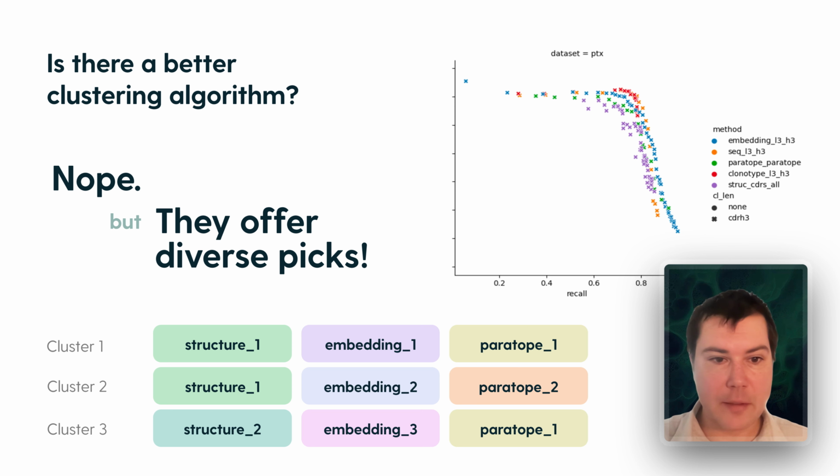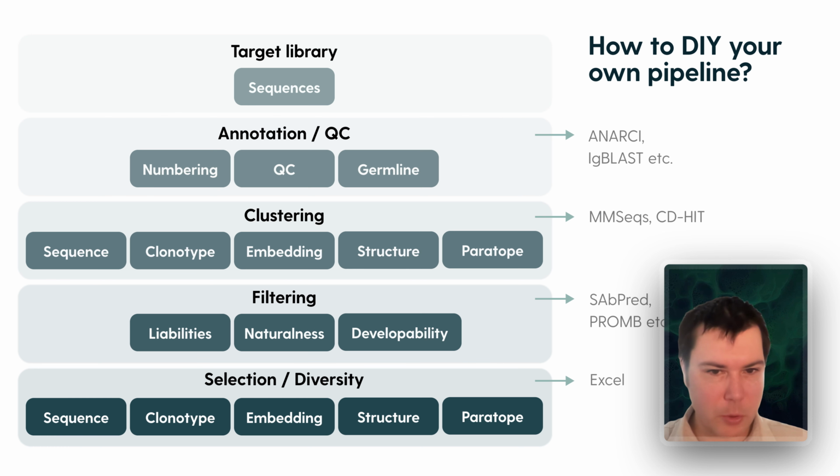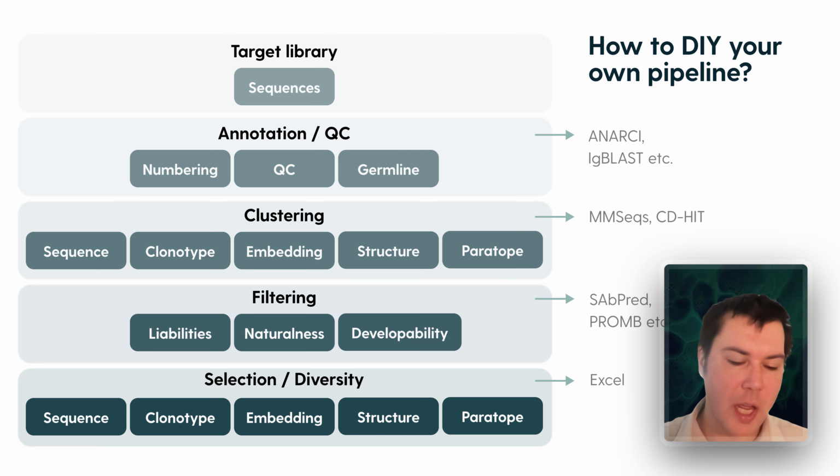From all of that, a pipeline starts to emerge. I'm going to address how you can stitch it up using publicly available tools. The initial step, sequencing, you cannot skip that. But whenever you get to the NGS stage, you can start using tools such as Anarci or IgBLAST to process your sequences for QC, germline annotation, and numbering.